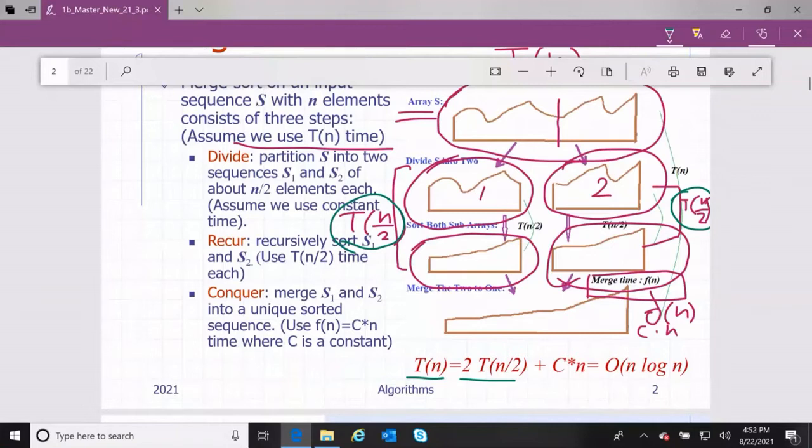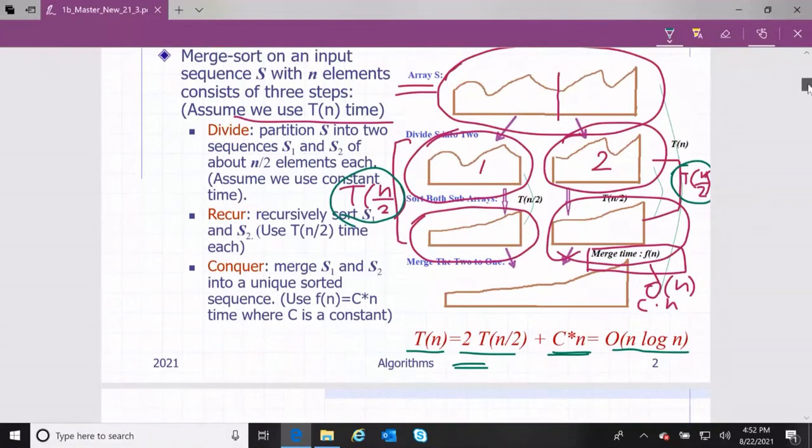Then we add the merge time. After the calculation, we can get n log n. Now, here is the question we will have.